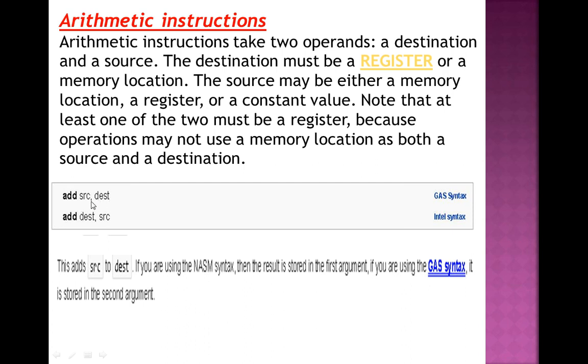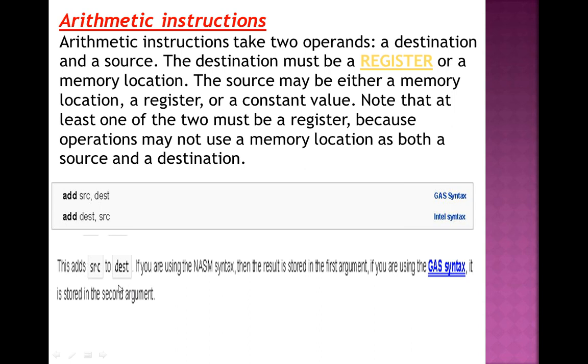That is, add the source to the destination and put the result in the destination. It adds both numbers, but puts the result in the destination. Another one is add DEST, SRC, adding both values and putting the result in SRC.